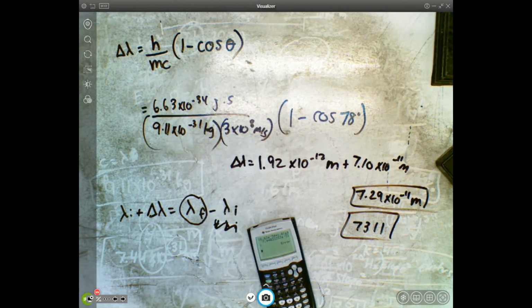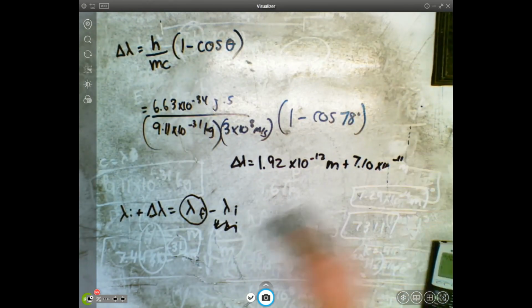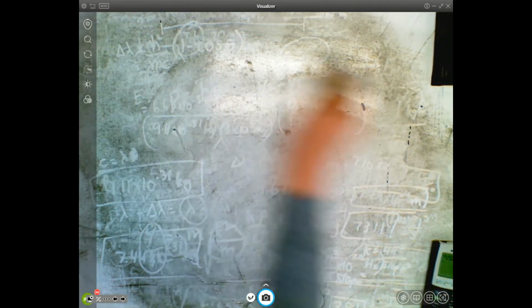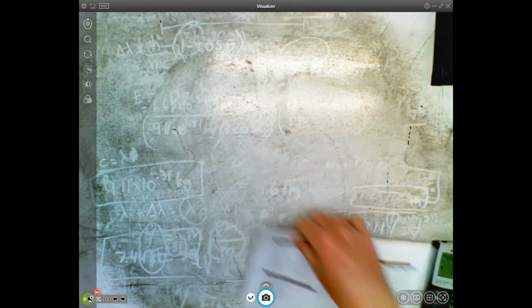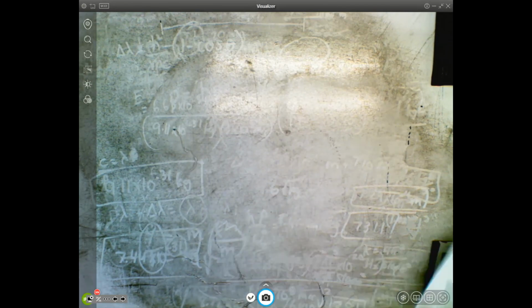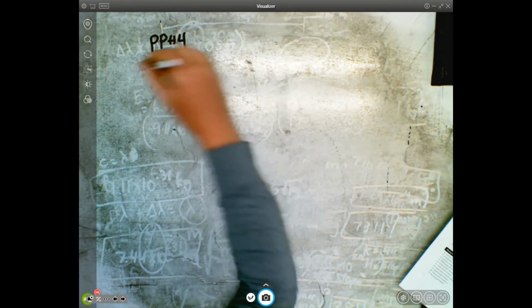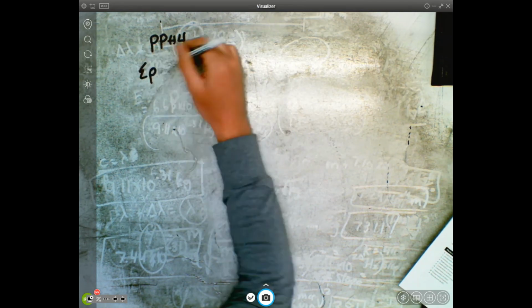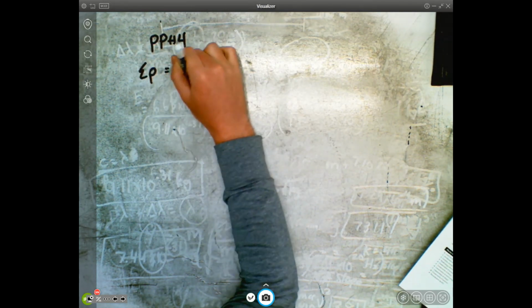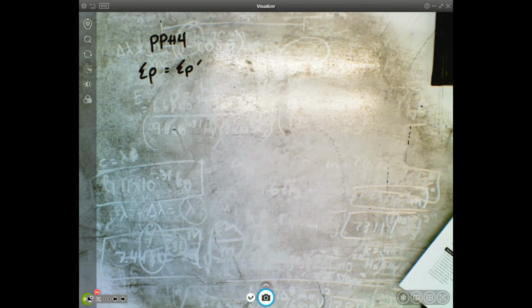So if you don't have the angle of the X-rays, then you can't use that formula. So what we need to do is use our physics principle number 4, where the sum of all our momentum before equals the sum of all our momentum after. That's what we will do here.